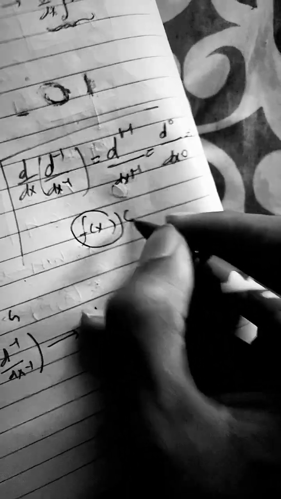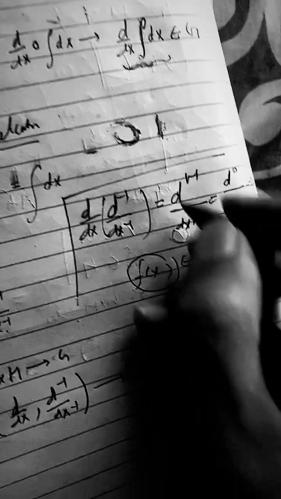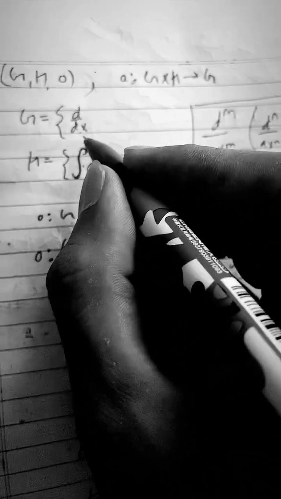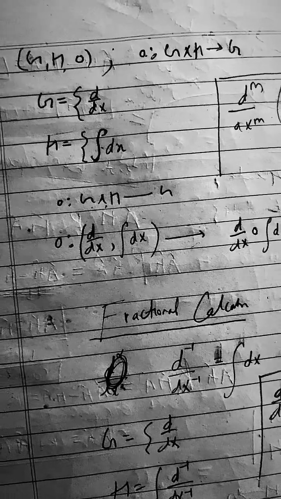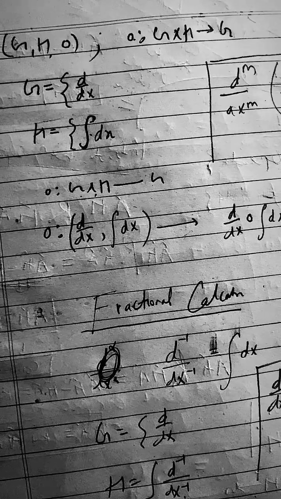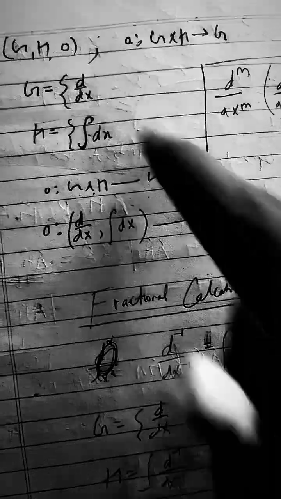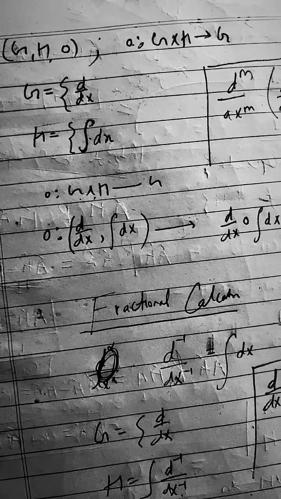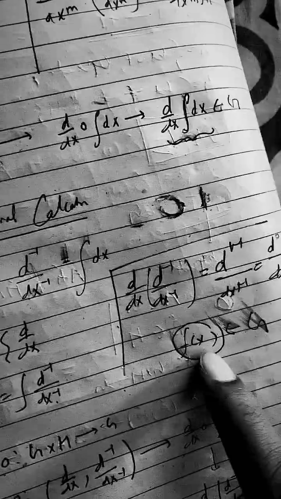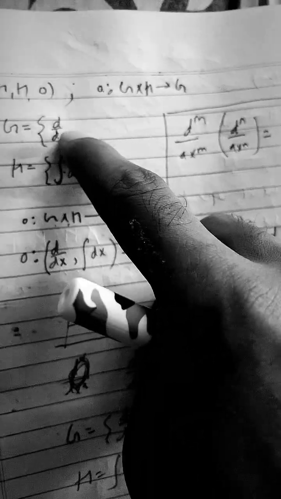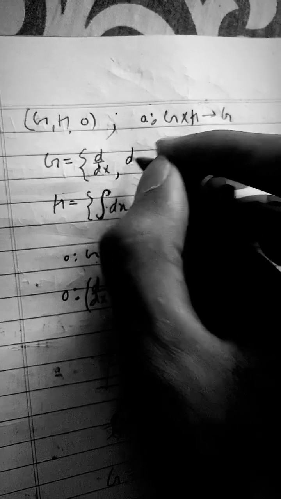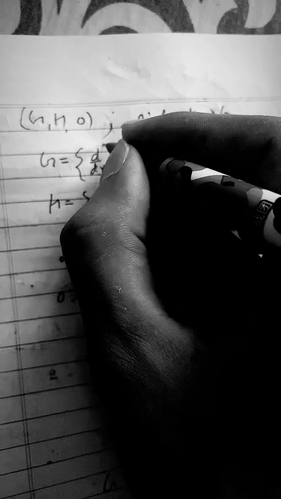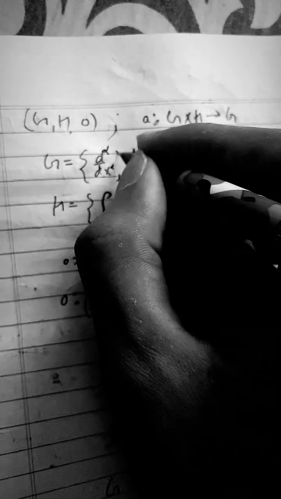So now does f of x belong to our G? Well, no. It is only dy dx. So it means we have to put f of x into this? Well, not really, because this is a set of operators, not a set of functions. We cannot put a function in the set G. So maybe we can do here, not dy dx, let's say d alpha by dx alpha.